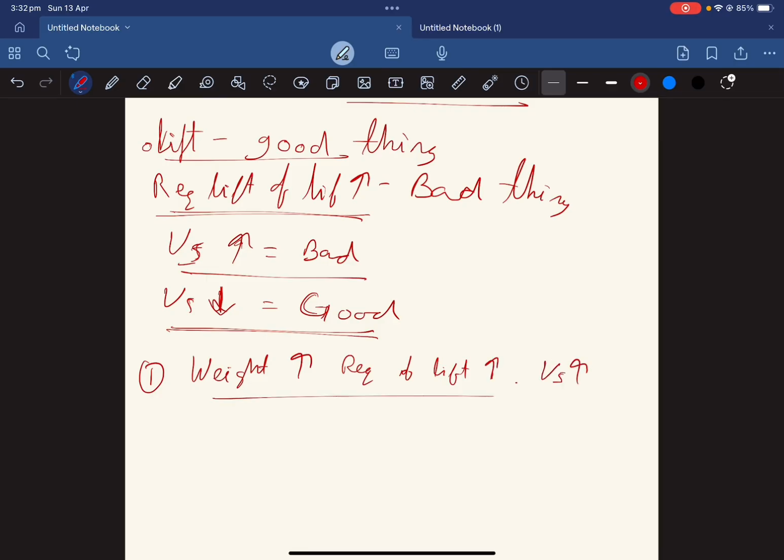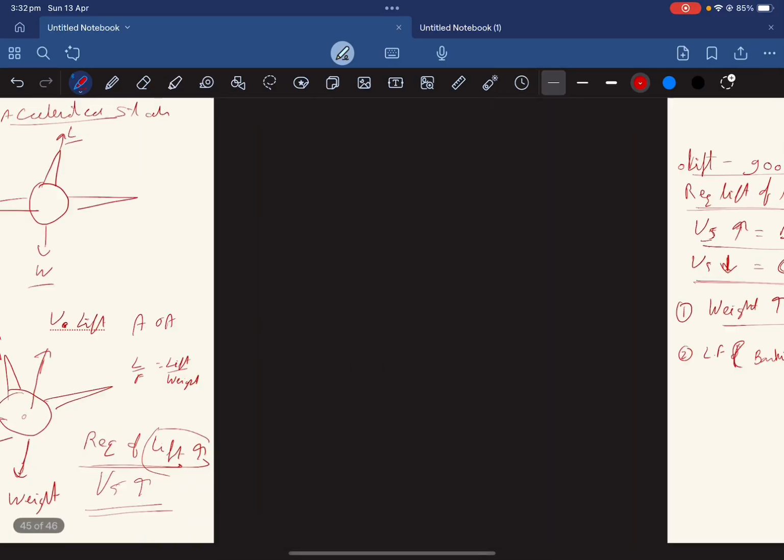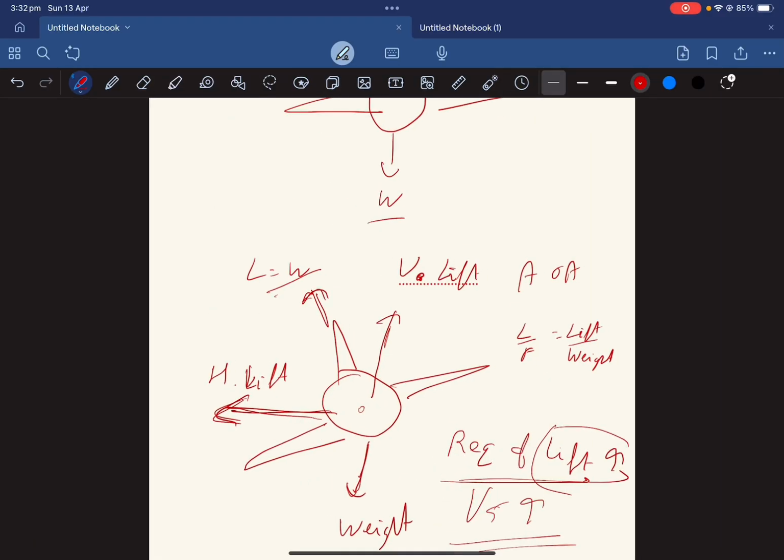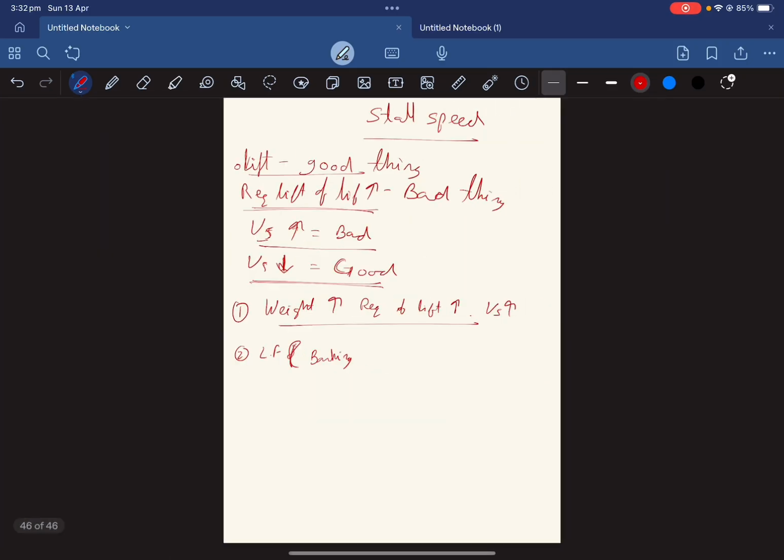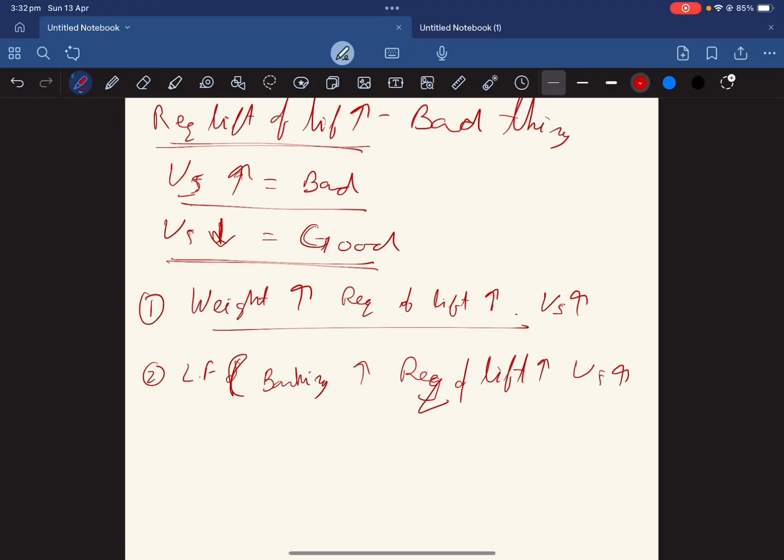Now let's talk about load factor, which basically deals with bank. When you're banking, your lift is not increasing, but your requirement of lift is increasing. So when you bank, your requirement of lift increases, and again your stall speed will increase. And what happens to your stall angle?